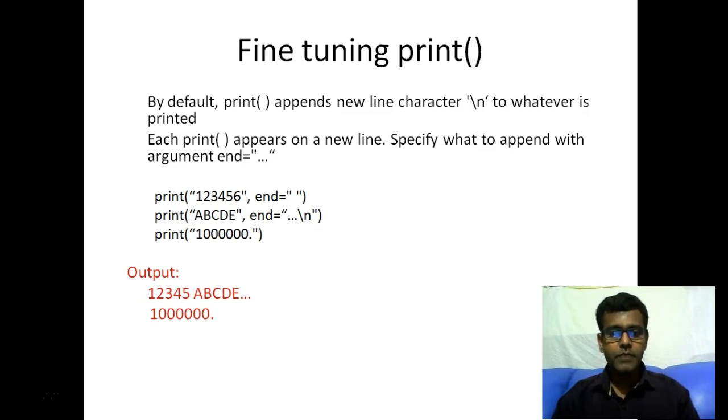So the purpose of the end attribute is to replace the new line character with some other character. With this end attribute we can specify the end character that needs to be printed on each line of the print statement. If you omit the end attribute and just give print data, then the data will be printed in consecutive lines.